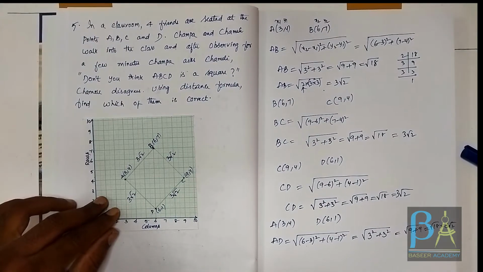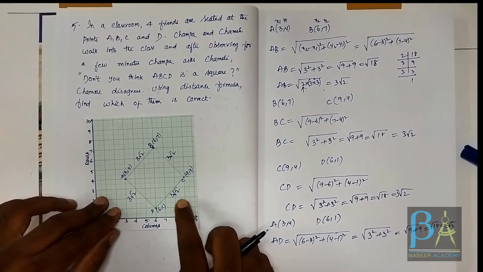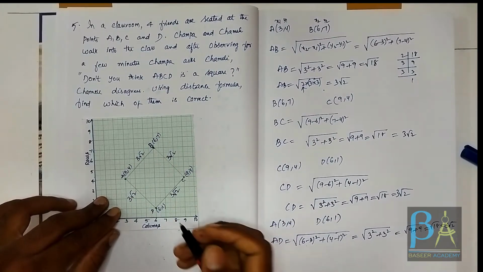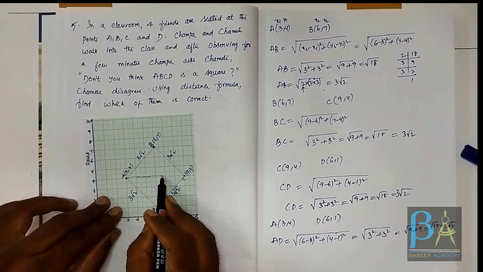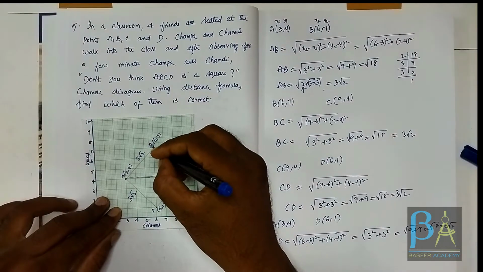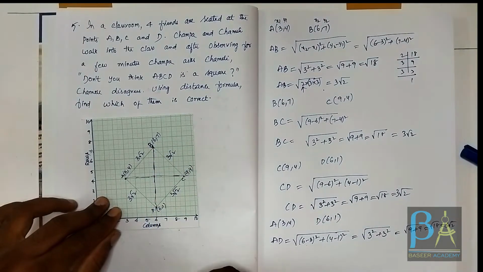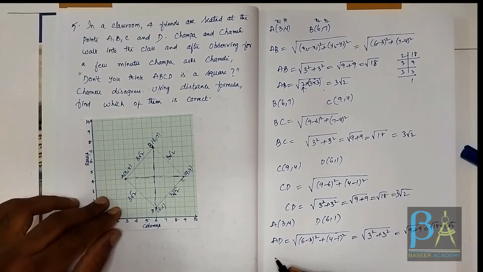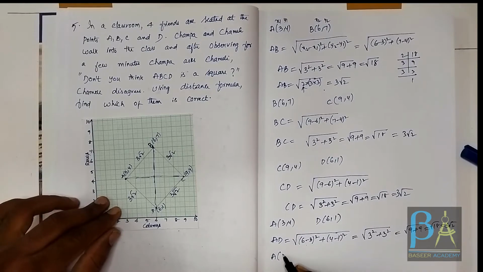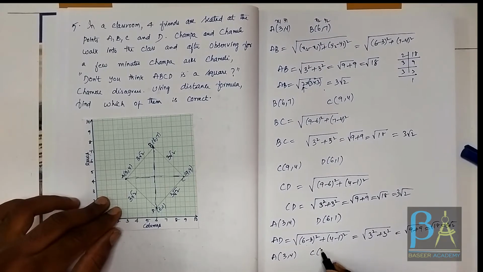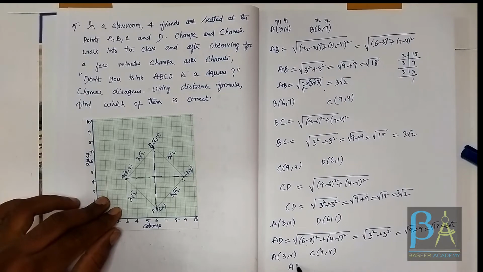Now we'll also find out the diagonals of this thing. Let us find out the diagonal here. AC is one of the diagonals, and then BD is the other diagonal. Let us find out AC and BD. A is 3, 4, C is 9, 4. What is AC going to be?